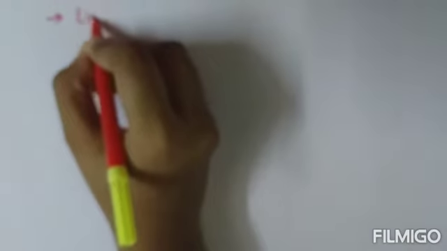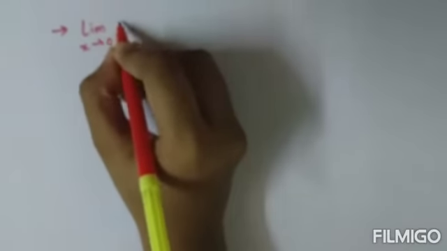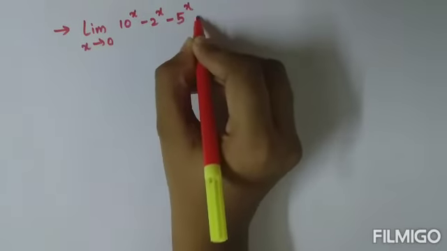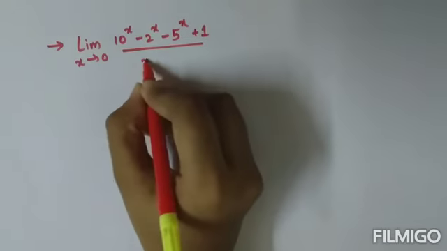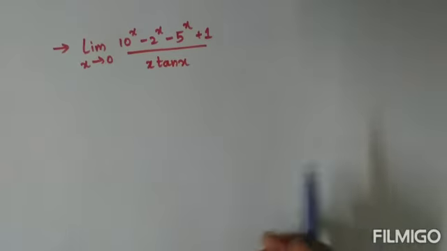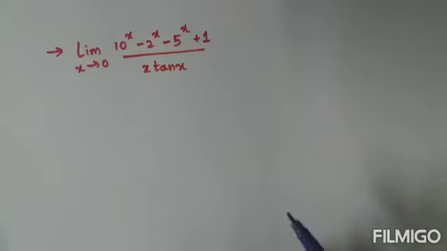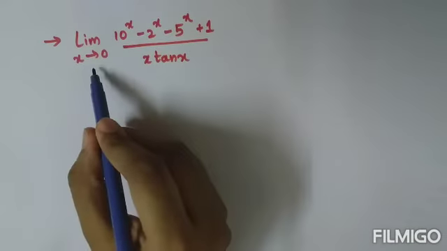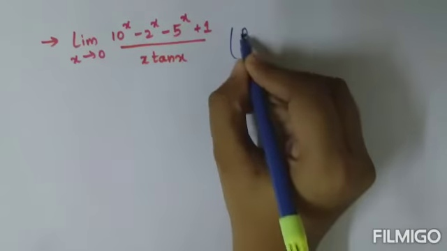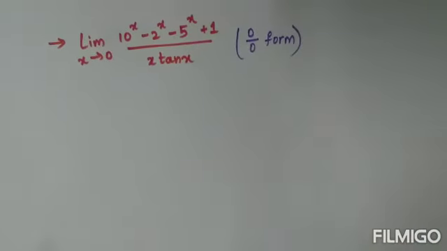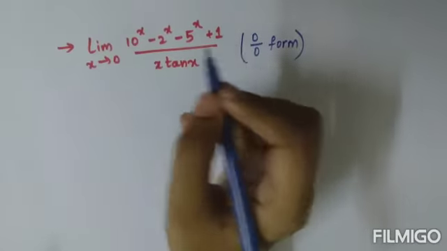Now let us go to the next question. The question is limit x tends to 0, 10 power x minus 2 power x minus 5 power x plus 1 by x tan x. If we see the question, it looks quite complicated, but we have the formulas in our hand, so let us solve this quickly. After substitution, we get 0 by 0 form. We can write 10 as 2 into 5.